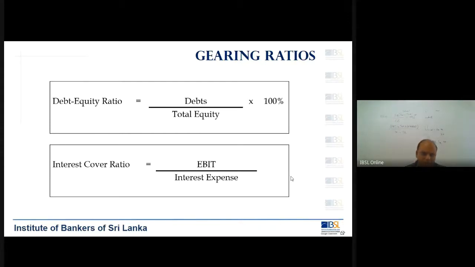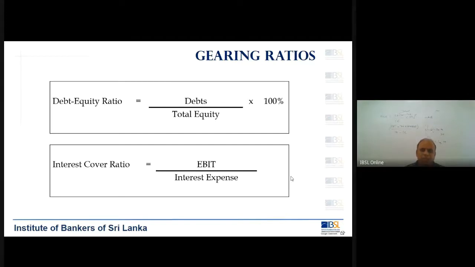Equity, you need not pay back. Shareholders will give you capital and you don't need to pay back them. But debts are not like that. Debts have to be paid back. The person who has given the loan needs to be paid back. So as a result, this is a very risky area for a business.